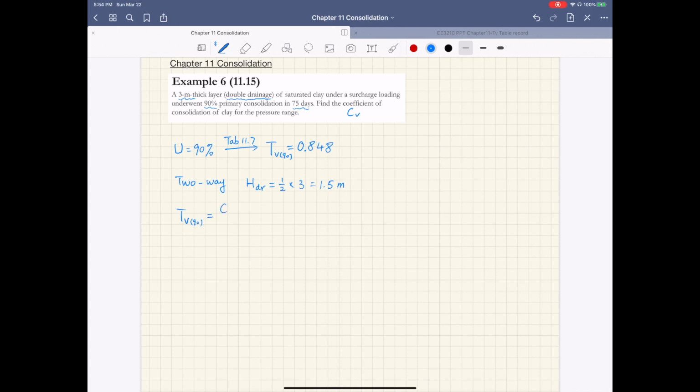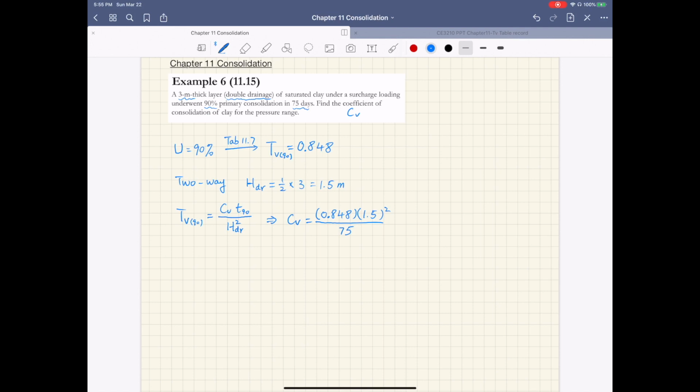Then, given the definition of time factor, it's the coefficient of consolidation times time t, divided by H sub DR squared. So you can back-calculate the coefficient of consolidation C sub V as T sub V90, which is 0.848, times H sub DR squared, 1.5 squared, divided by T90, which is 75 days.